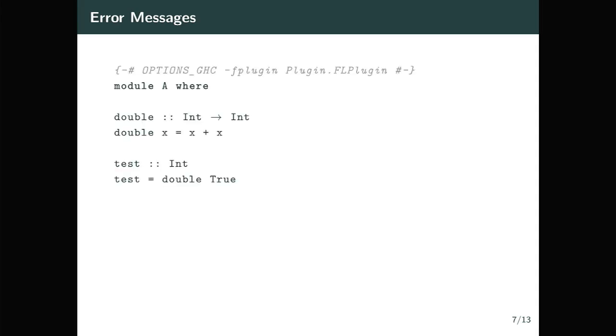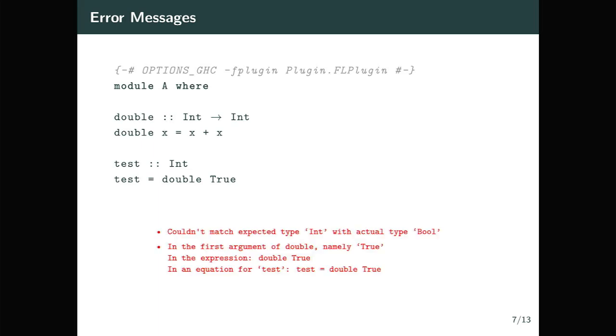I mentioned already that type checking works just the same, and if we have a very simple module which does not use functional logic programming at all now. But if we consider this module to be compiled with our plugin, and you may notice that we call double here on a Boolean value, although double is defined on integer values, which obviously is a type error, and we get the type error we would also get for the Haskell program.